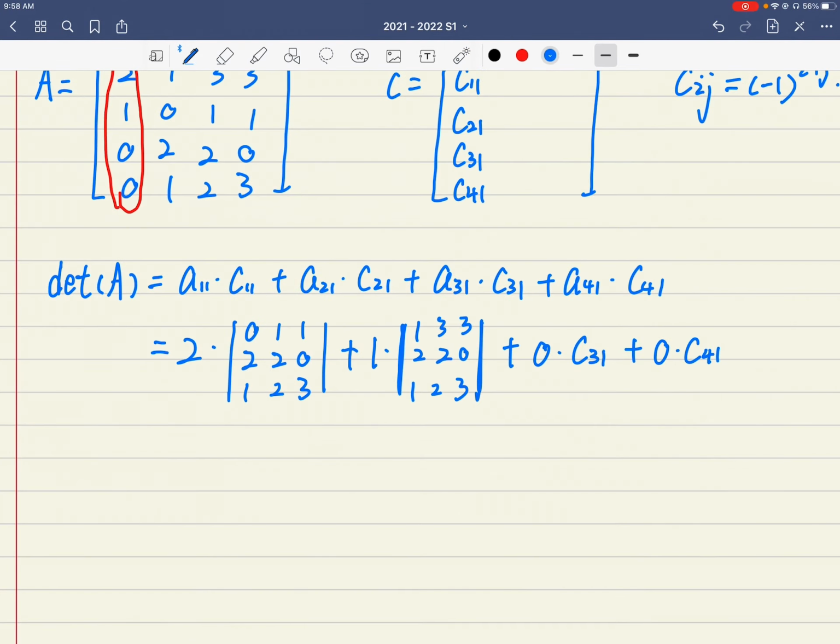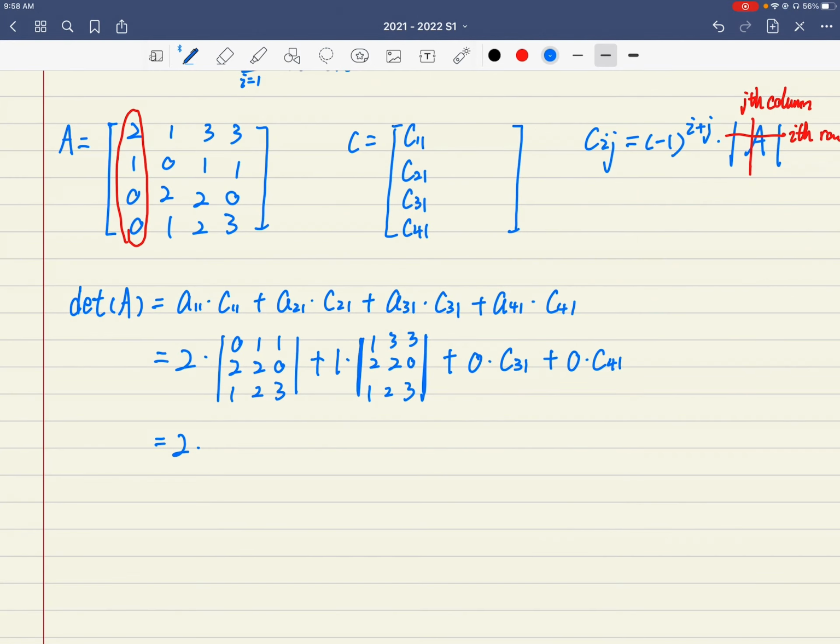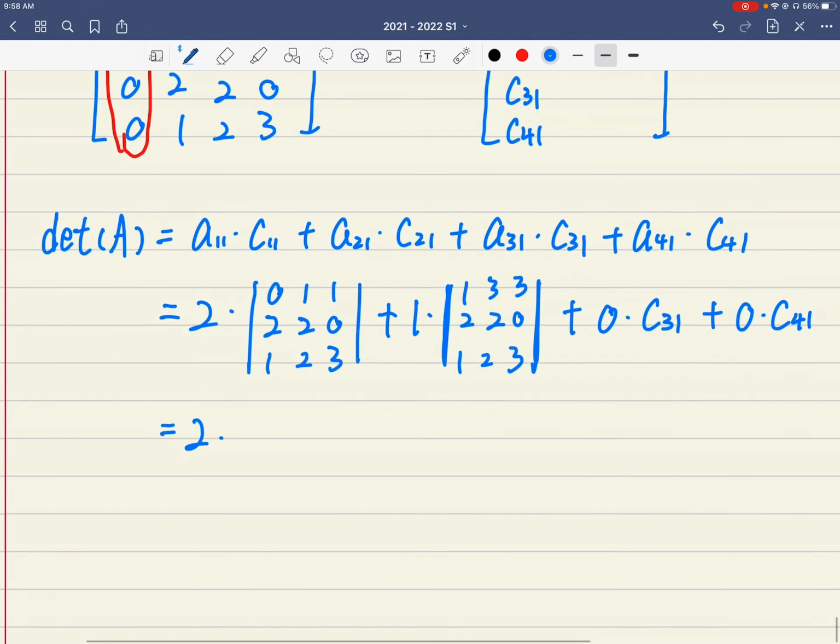So here's the trouble: 2 times, now how do we get the determinant of this 3x3 matrix? Again, we have to apply the formula. We can choose any row or any column, which is fine, but let's choose a row or column with the most zeros.